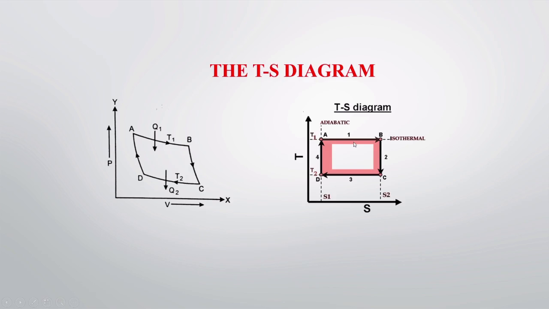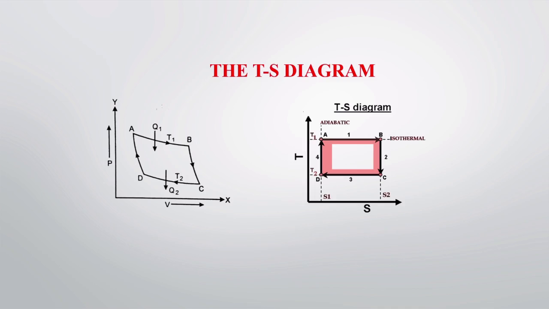Now on the TS diagram, the isothermal curves are shown by straight lines AB and CD parallel to the S-axis. So this is the S-axis, and these isothermal curves are shown by straight lines. Then here we have the curves BC and DA, which are the adiabatic curves.